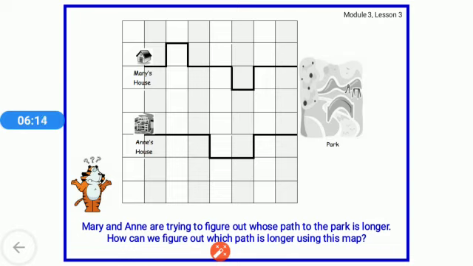Now the question is, Mary and Anne are trying to figure out whose path to the park is longer. How can we find out which path is longer? Using this map, Mary and Anne are trying to figure out whose path is longer.